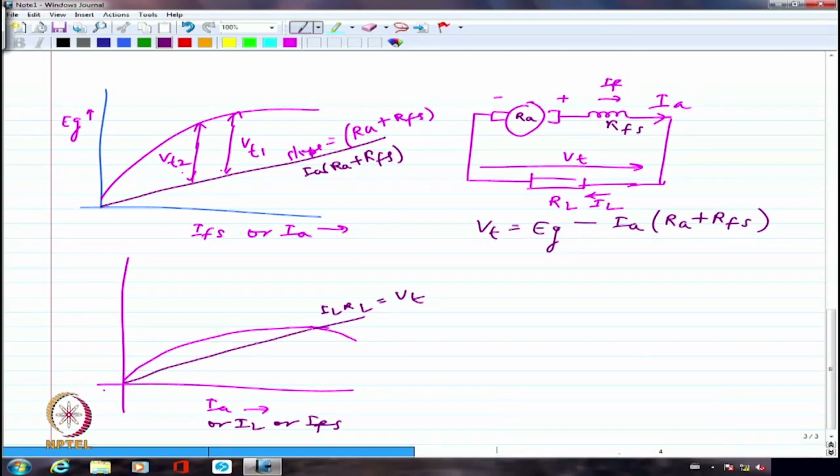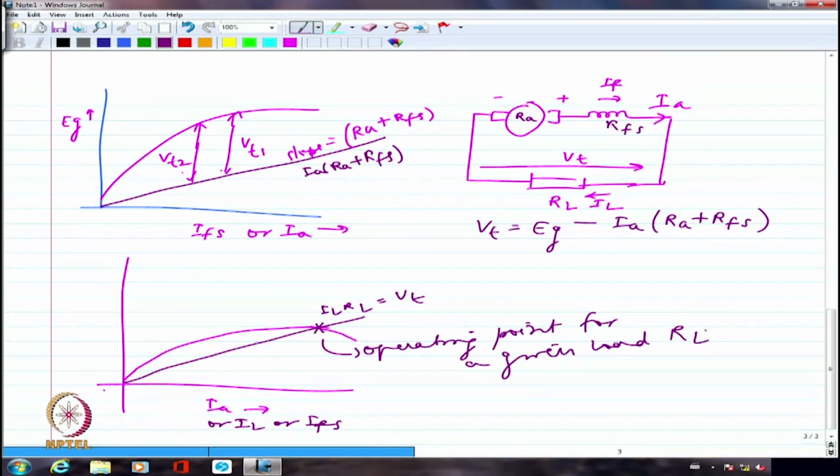This will be the operating point for a given load, where the load line is intersecting with these characteristics. So this is going to be the VT value.